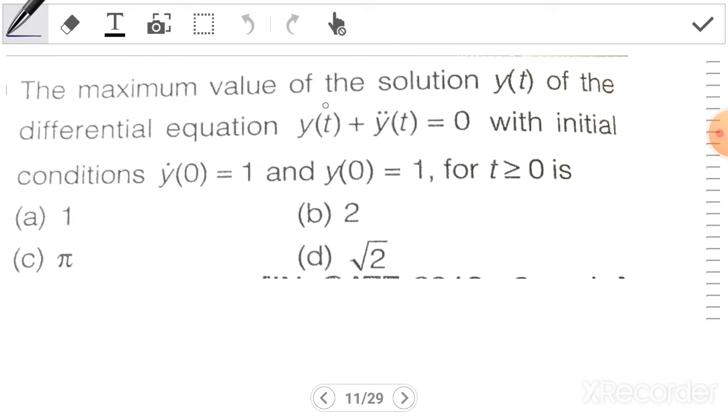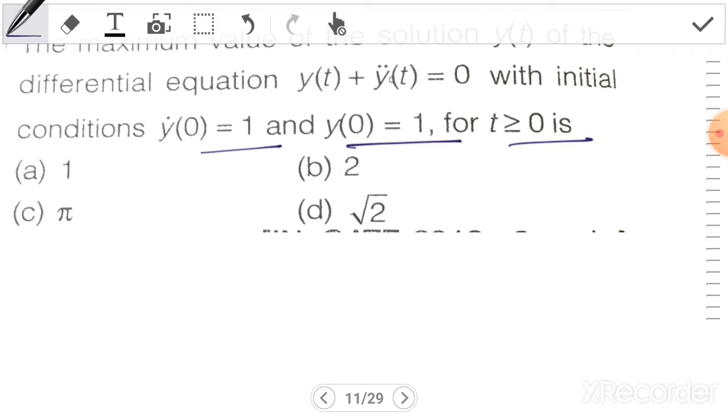The maximum value of the solution y of t of the differential equation, y of t plus the double derivative of y with respect to t is equal to 0, with initial conditions, and for t greater than or equal to 0 is. So if you take the auxiliary equation, we will have 1 plus D square is equal to 0.